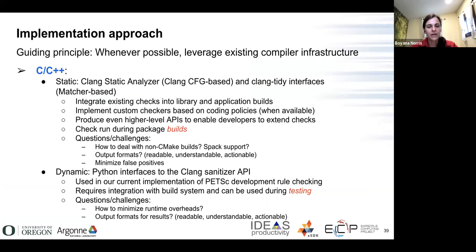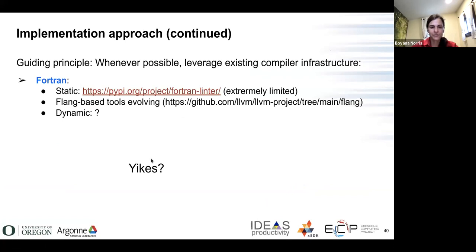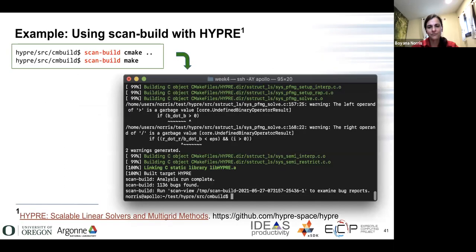And then for dynamic, we are trying to show how you could write simple checks for your own project. I'm not going to go into too much detail of how it's done, but the goal is that it should be a minimum extra burden on your build. Fortran, as always, is a little bit behind, and we're trying to bring it up to speed with at least some of those analyses.